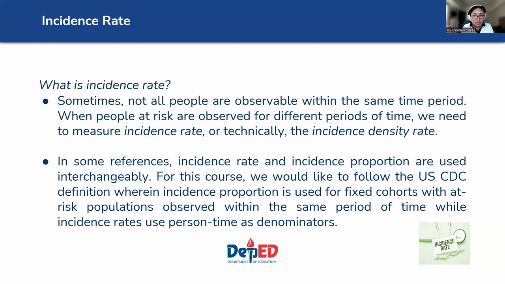Whereas when we talk about incidence rates, we talk about groups of people who are observed across different periods of time, and therefore the denominator is what we call person time.